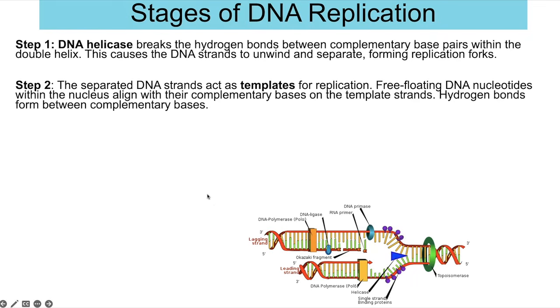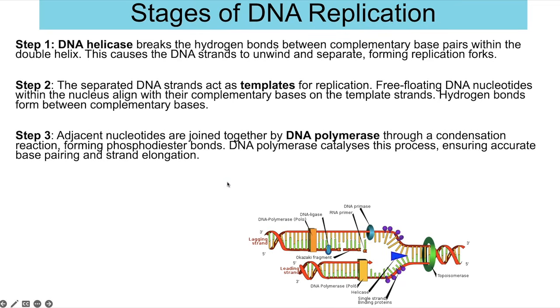Step 2 then, those 2 separated DNA strands will now both act as a template for new DNA strands in DNA replication. Free-floating DNA nucleotides that are always within the nucleus will align opposite their complementary bases, and they'll form hydrogen bonds between those complementary bases. But at this point, the nucleotides aren't joined together with that phosphodiester bond.